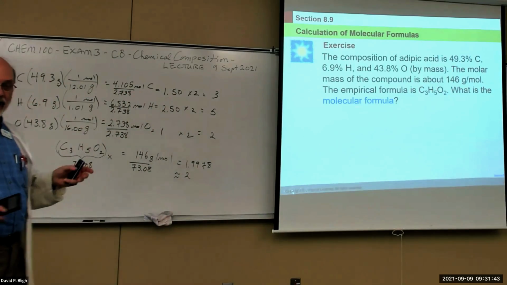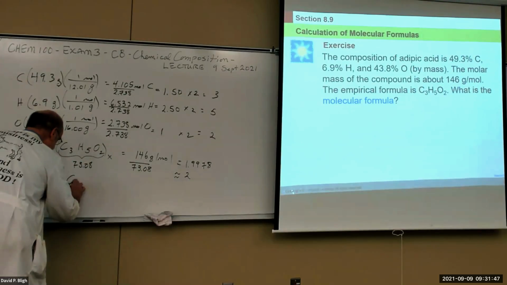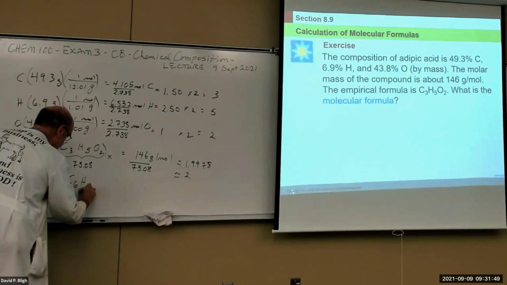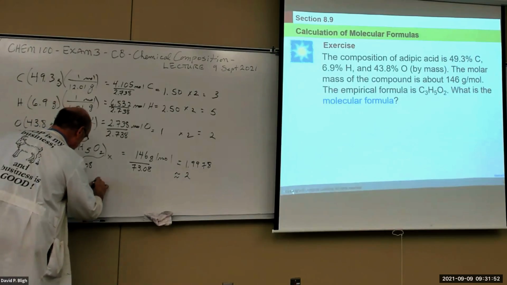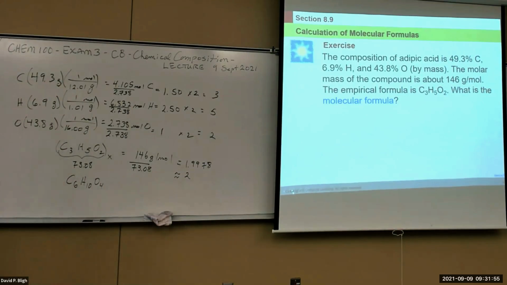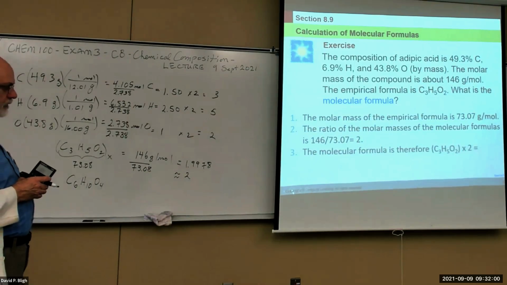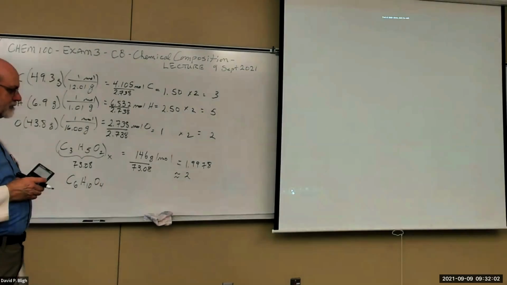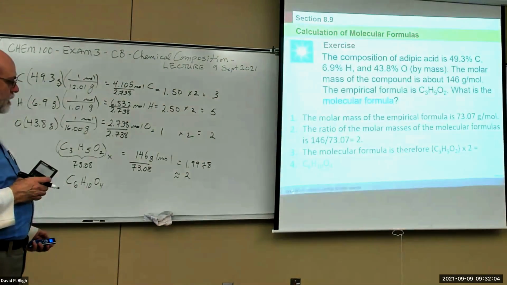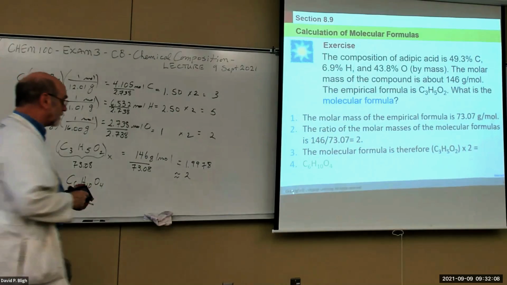So there's your multiplier. So now the molecular formula is going to be C6H10O4. Okay, that's how you do it.